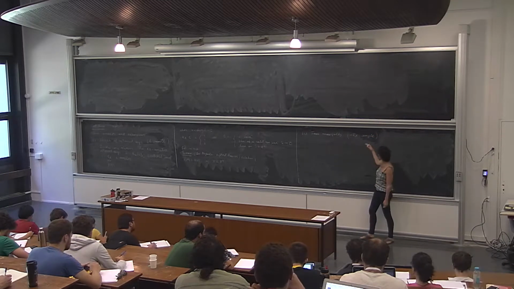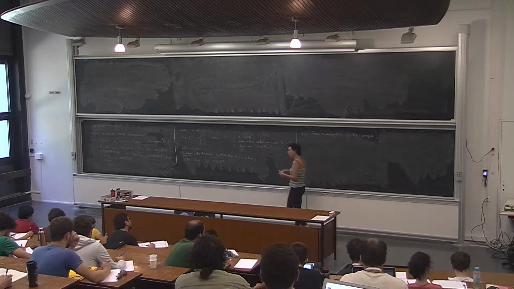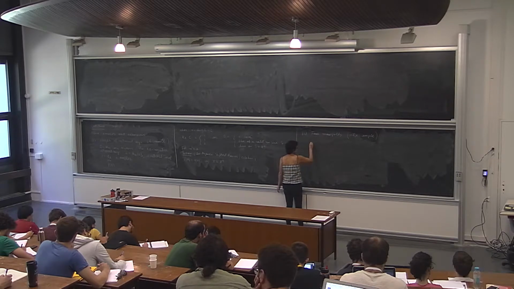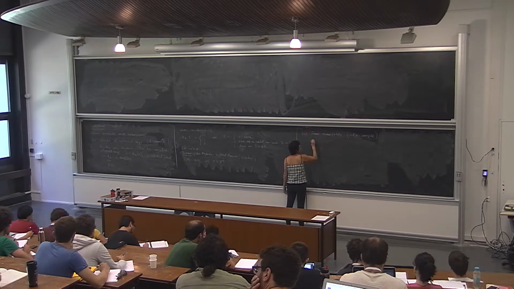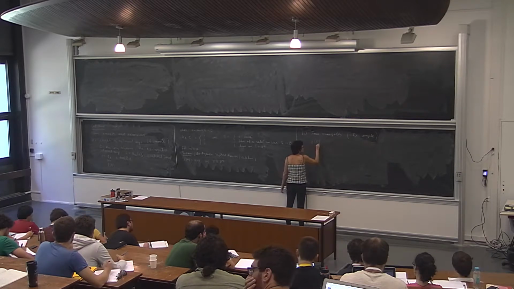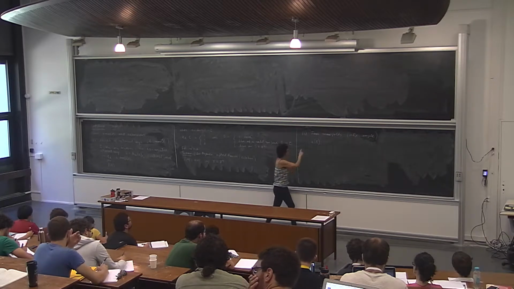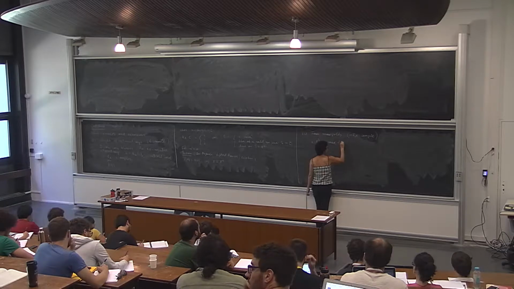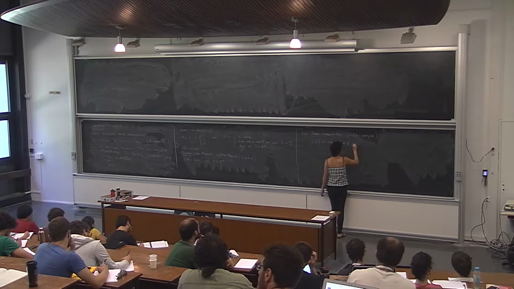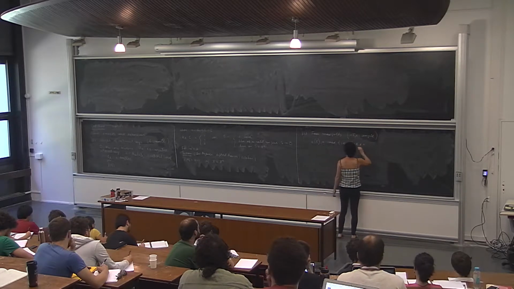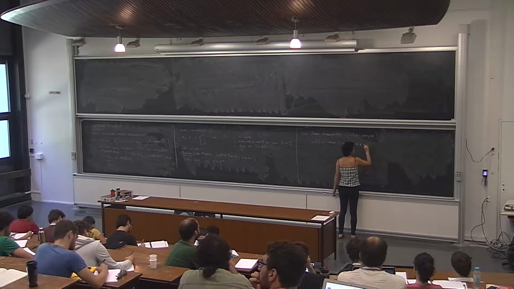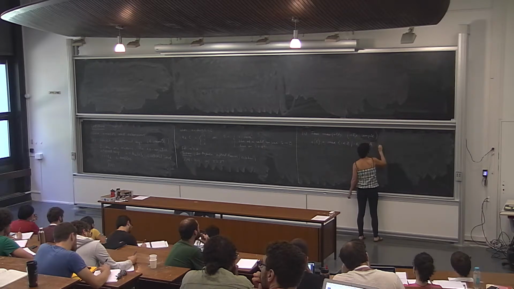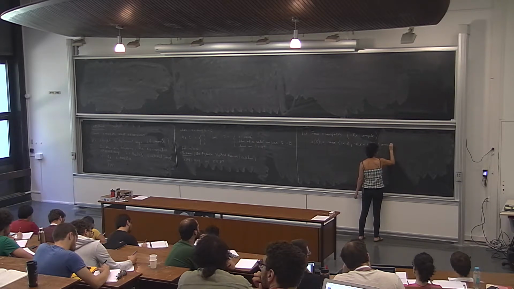When I have a Fano manifold, we can measure the positivity of the anticanonical class by means of the index. This is one way of measuring the positivity. It is the maximal integer I such that minus K is equal to I times A, where A is some ample line bundle.